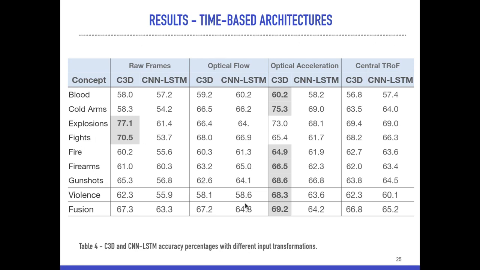But still, this convinced us that, okay, we agreed that we got better results with the Inception, but the optical acceleration was better here, and even using just the concepts with the Inception, we had better results with different kinds of input. There are some kinds of inputs that are better for specific subconcepts. Why don't we use a fusion of features extracted from the best performing inputs for each subconcept?